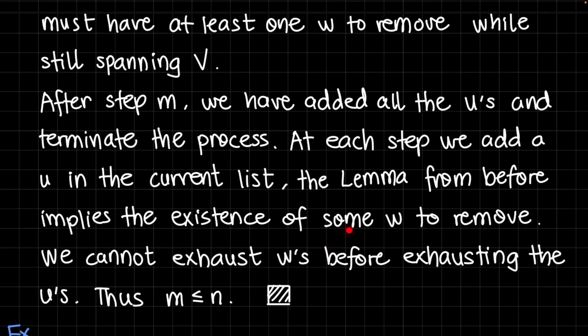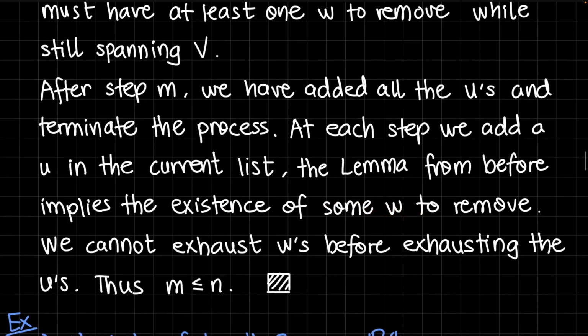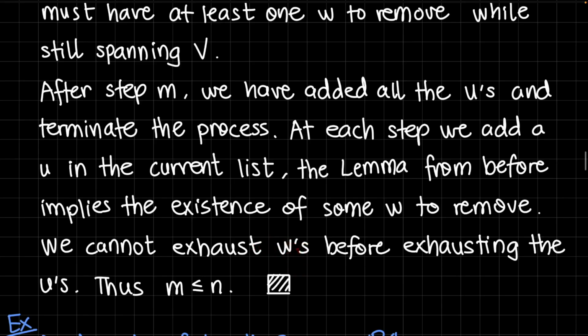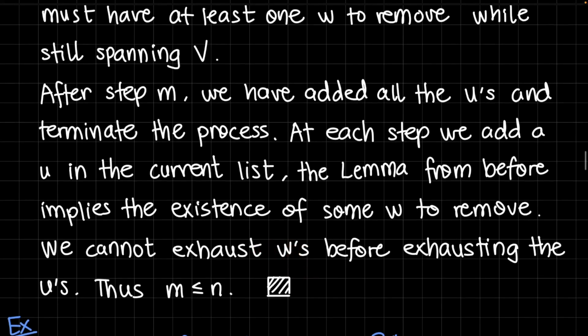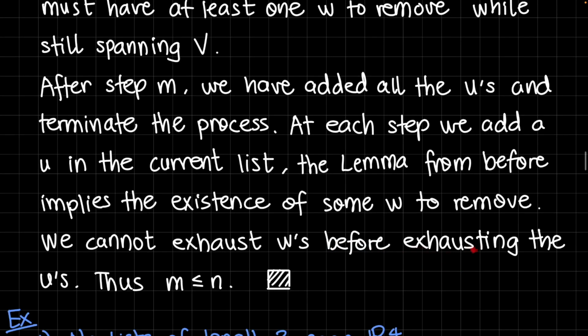So whenever we add a u, there must always exist some w that we remove. That means we cannot run out of w's before the process terminates, which is when we run out of u's.